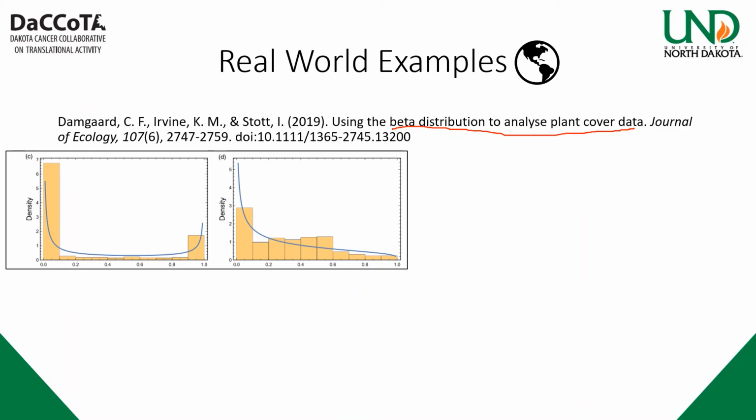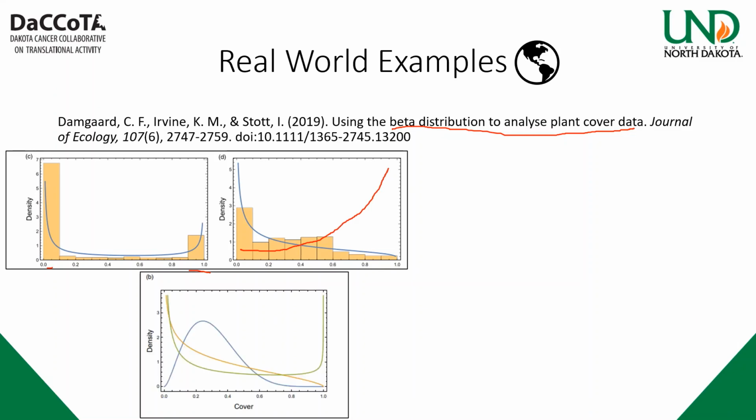It's either kind of U-shaped, where a lot of plots have no plants, and a lot of plots have a lot of plants, but not a lot have intermediate. It can be L-shaped, where a lot don't, and they kind of wane off, and only a few have a lot. They can even be J-shaped, where you have a lot of plots with a lot, and then very few that have little.